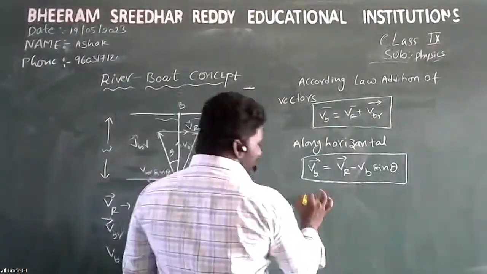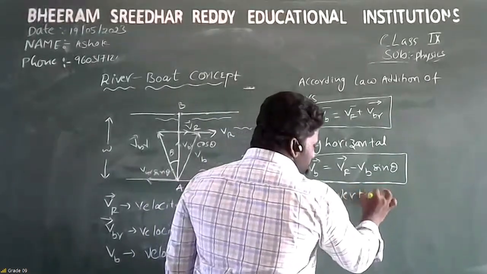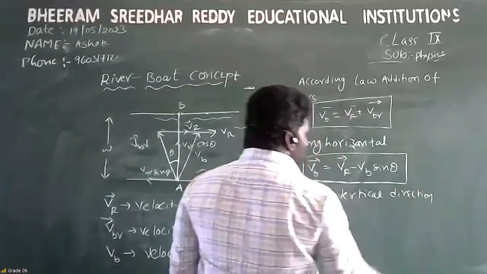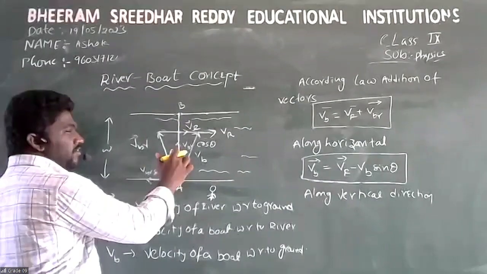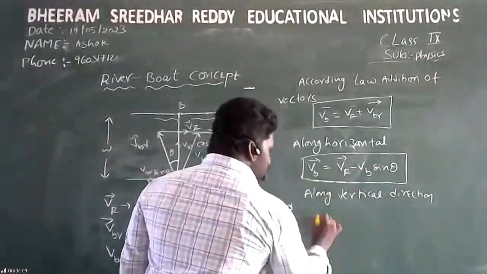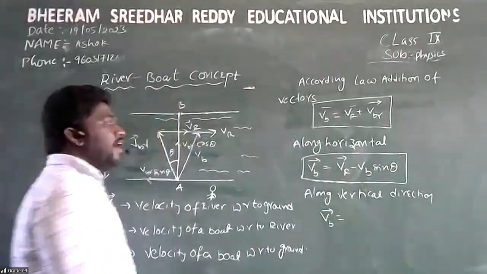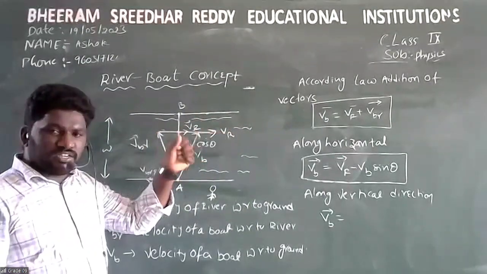Now along the vertical direction, what is the velocity of the boat? VBR cos theta. That is, VB bar equals VR, what is the value of river velocity along the vertical direction?